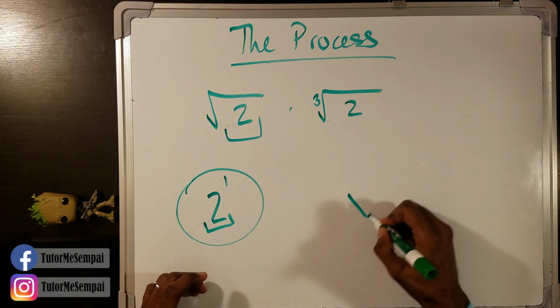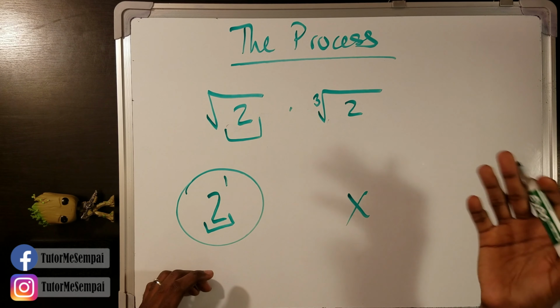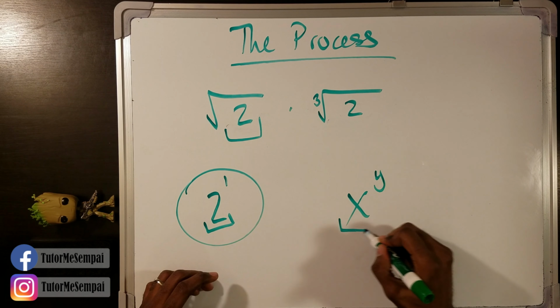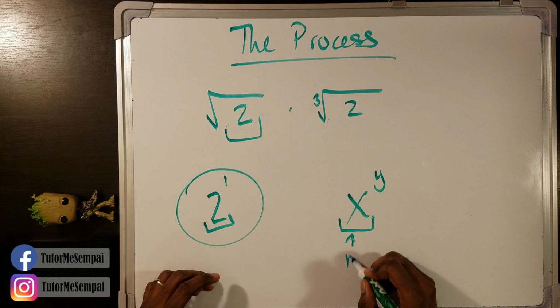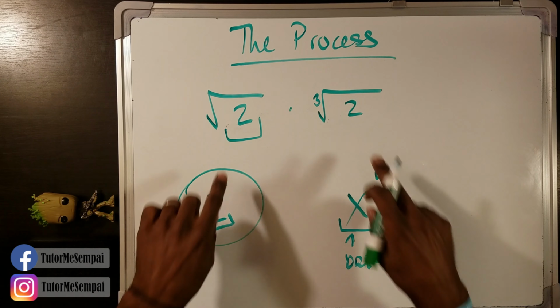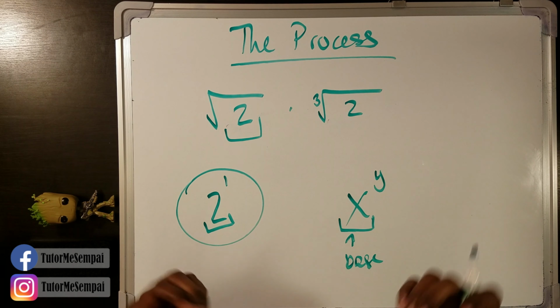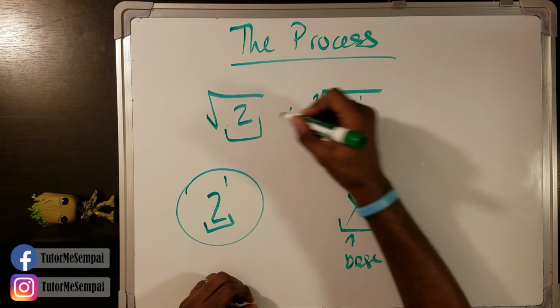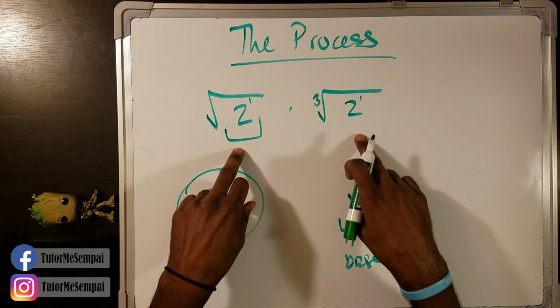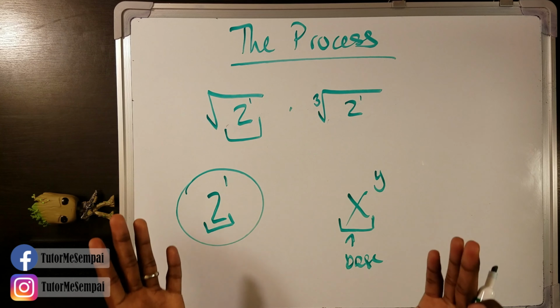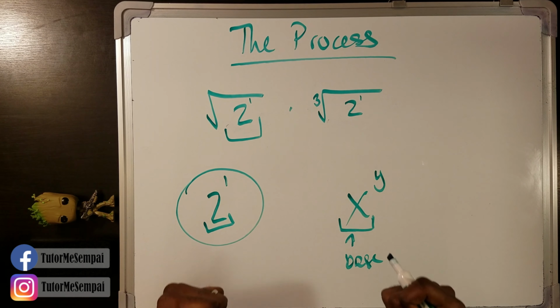Whenever you have some constant or some number and you raise it to some other number, this right here is called your base. So you see, these do have the same base because the base for both of these is going to be 2. They're going to be an understood 1 in the exponent, and the base is going to be an understood 2. So we can check that off. It has the same base. So we're good to go so far.